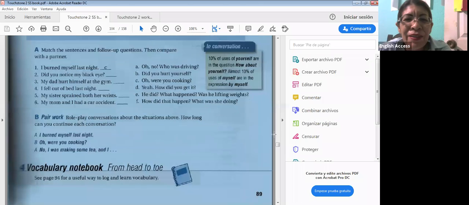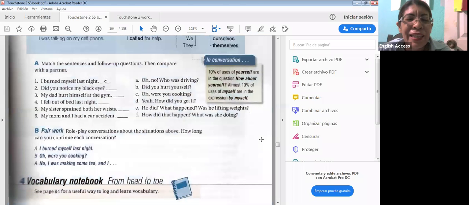Okay, so let's do exercise 8, right here in the student book. It says, match the sentences and follow up questions. Then compare with a partner. Example number 1. I burned myself last night. Letter C. Oh, were you cooking? So that's what you're going to do. You're going to match the sentences with a question. So let's do the rest, guys, from number 2 to number 6, please.